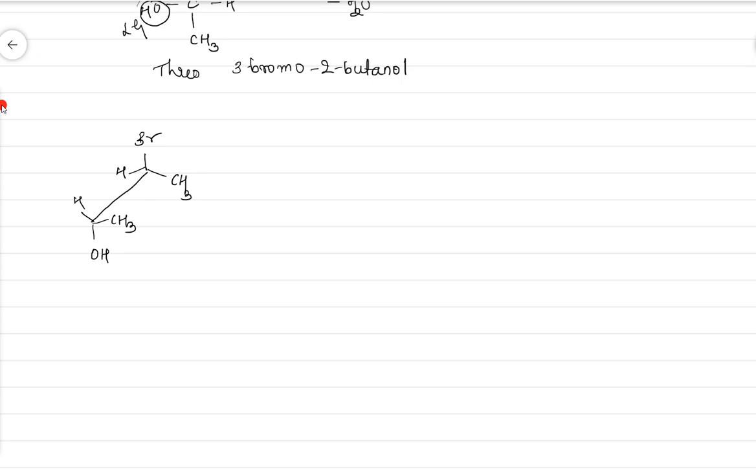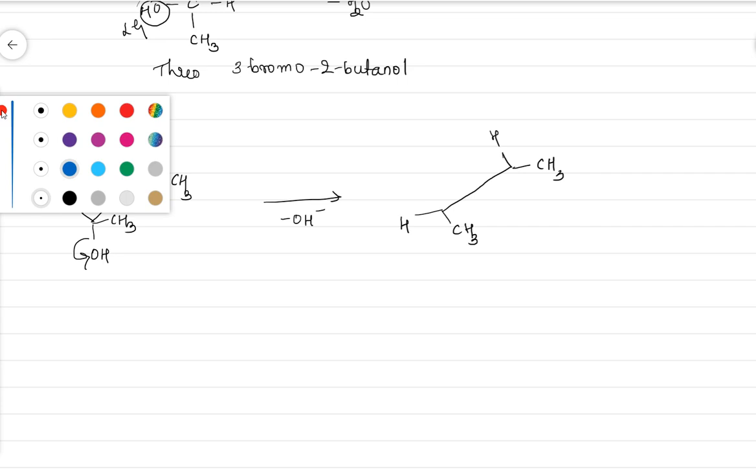This is your threo. Let's remove the leaving group first. So this is your bromine attacking on this carbon. This OH is removed, right? So what do you get? If you are taking down notes, try to write the product on your own. Write the cyclic intermediate now.